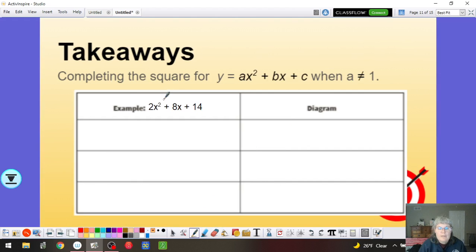Here we have 2x squared plus 8x plus 14. Again, I'm just going to rewrite. I'm going to draw 2 blocks, each with an x squared.